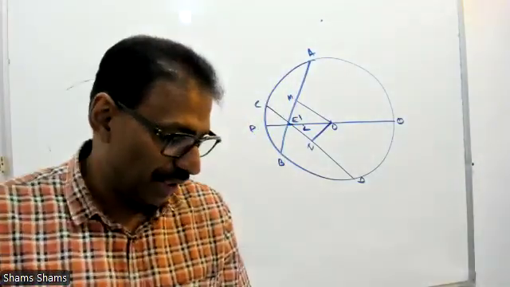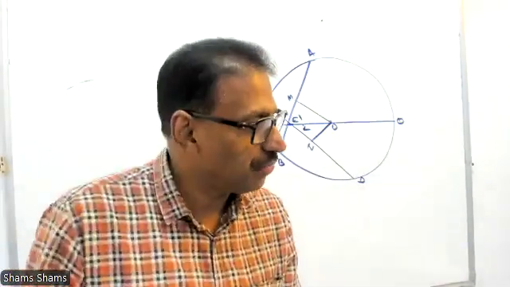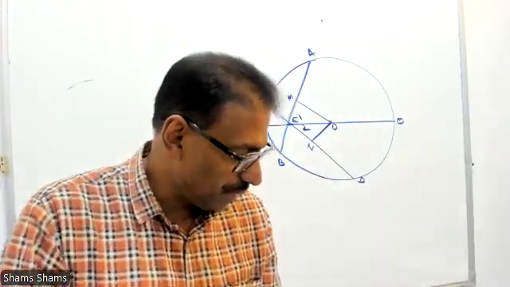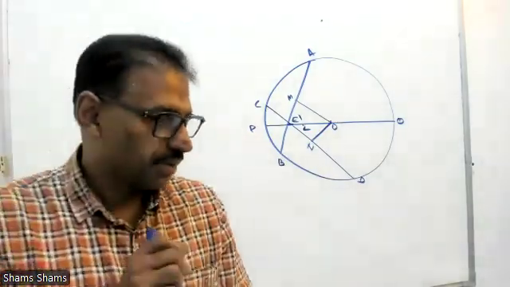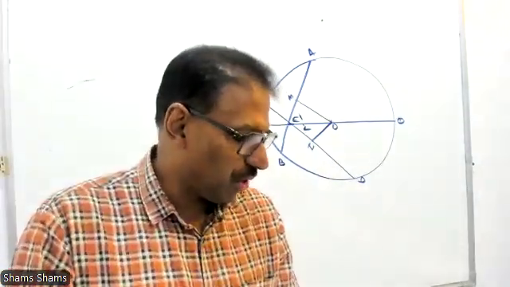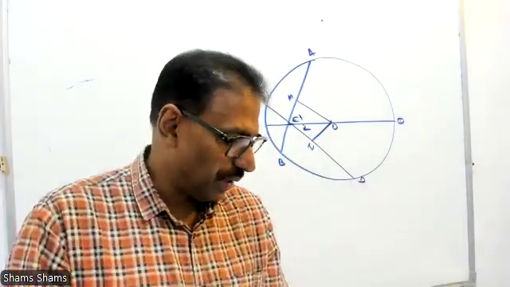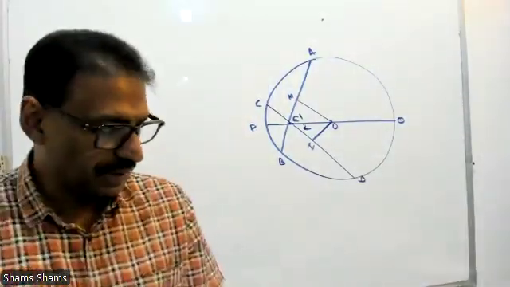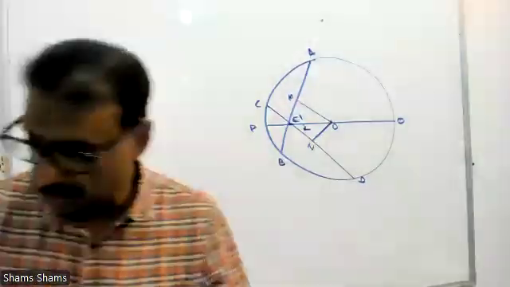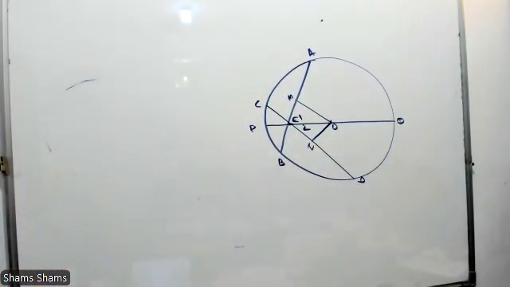If two equal chords of a circle intersect within the circle, prove that the segments of one chord are equal to the corresponding segments of the other chord.